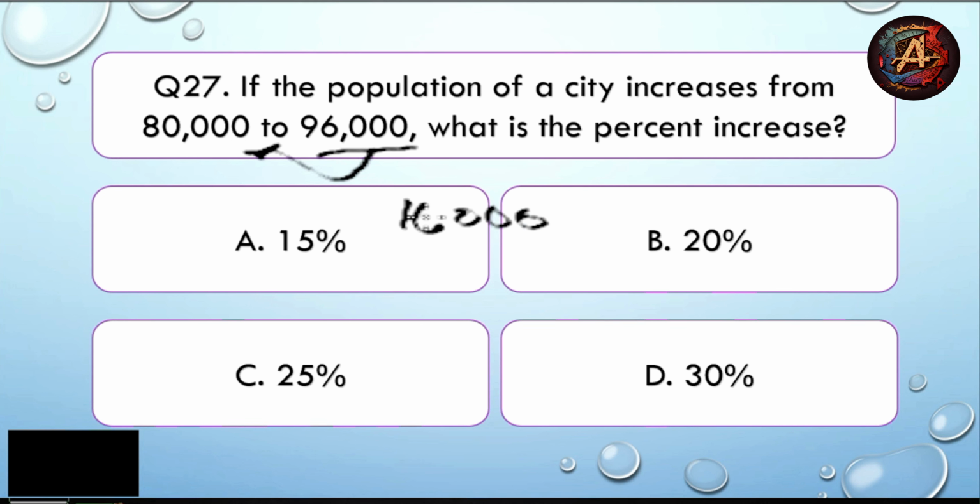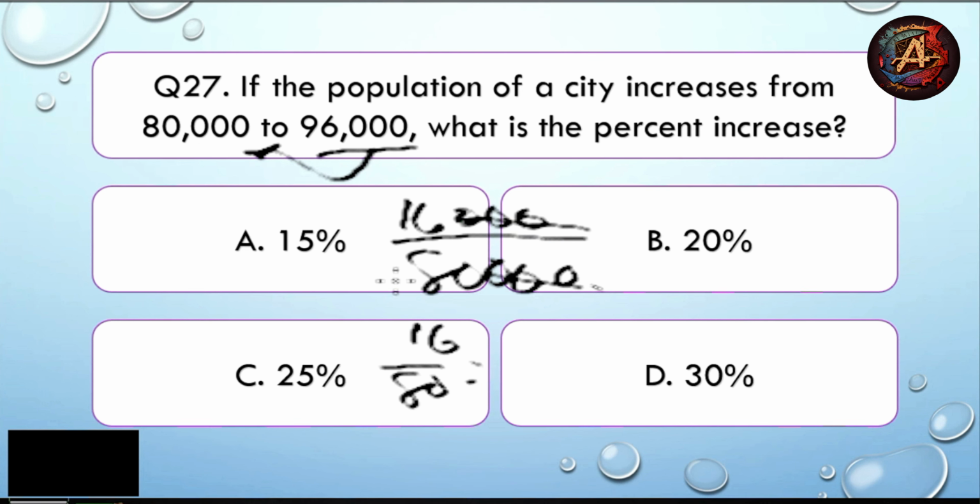So there is a 16,000 increase. This 16,000, which is the difference between the two, will be divided by 80,000. Of course, if there are a lot of thousands, you can cancel these 3 zeros. So you will have 16 over 80.